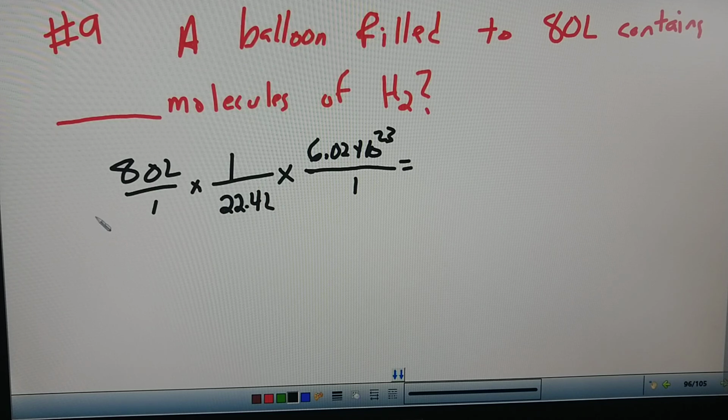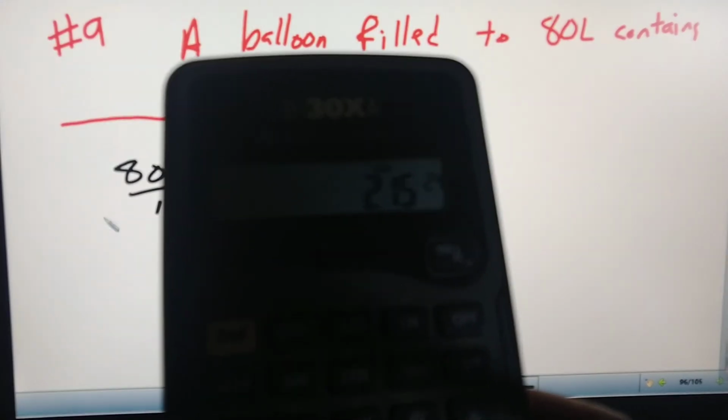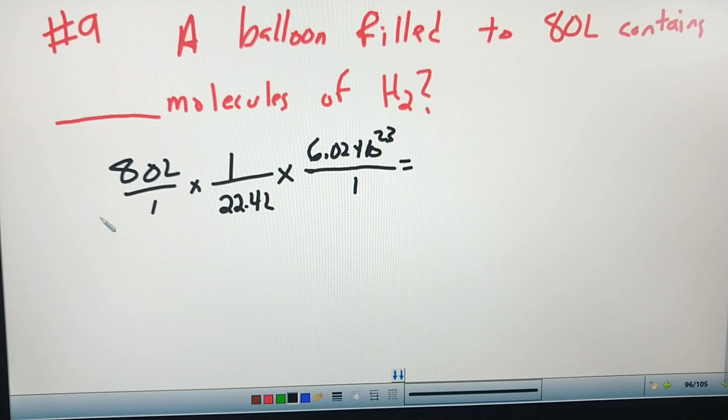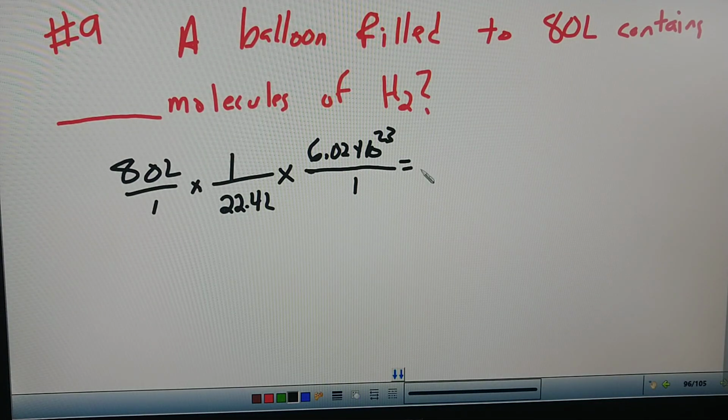Here we go, let's solve it. 80 divided by 22.4 times 6.02 EE23 equals, I get 2.15 times 10 to the 24th. That's right, 2.15 times 10 to the 24th. And that leads us to our last problem, number 10.